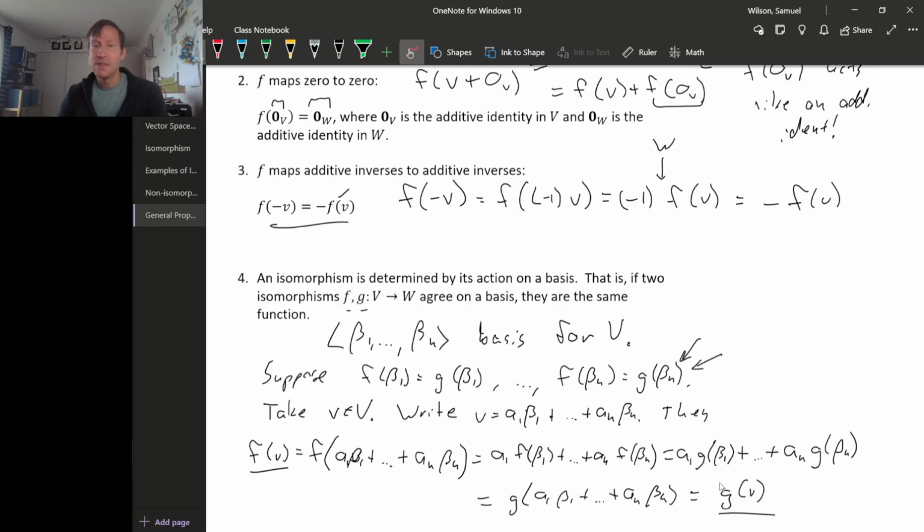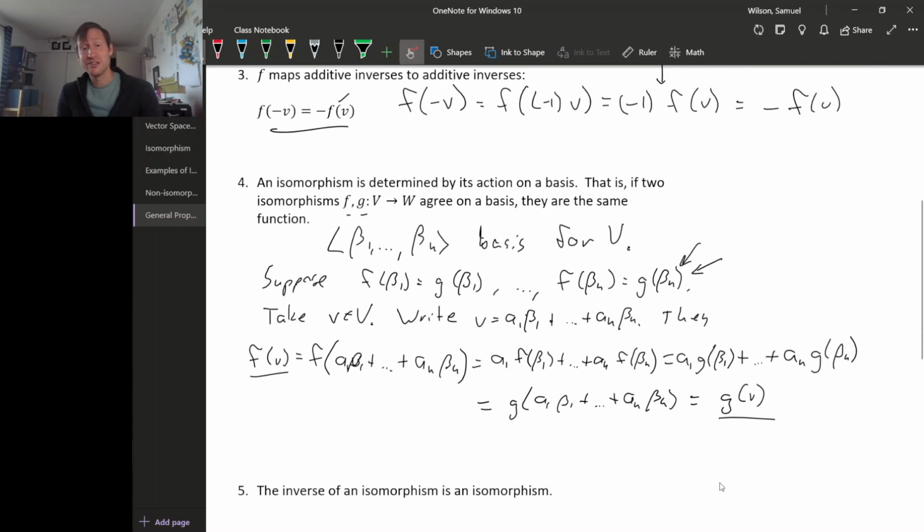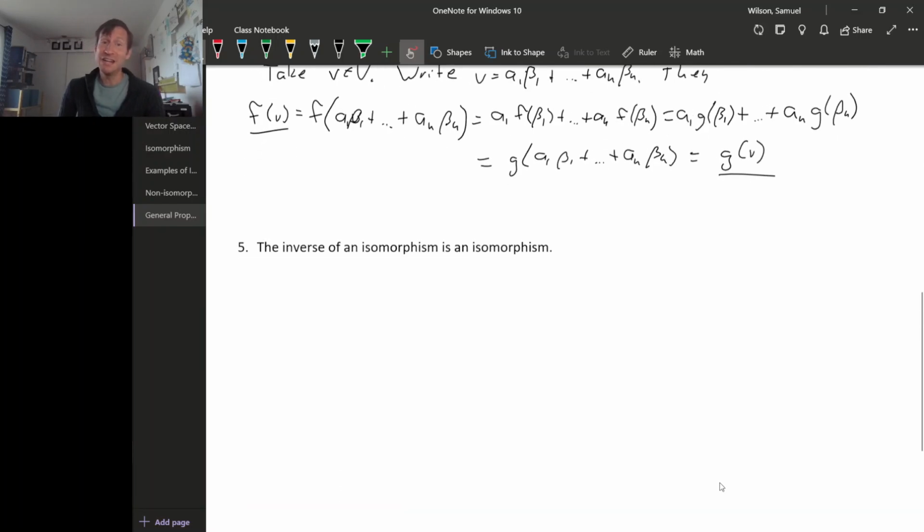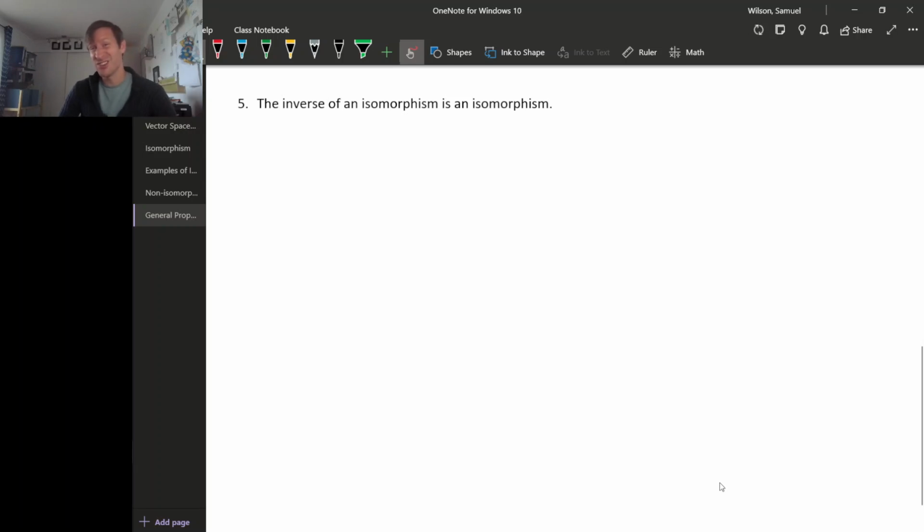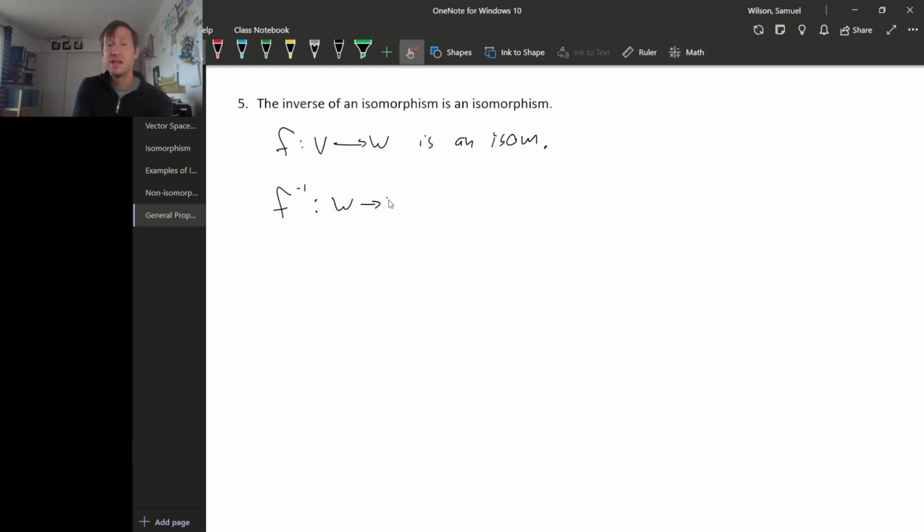But all right, last thing I wanted to say about general properties of isomorphisms is that the inverse of an isomorphism is also an isomorphism. This isn't totally obvious, so if we have an isomorphism f from V to W, since it's one-to-one and onto, we know that the inverse function from W to V exists as a function.